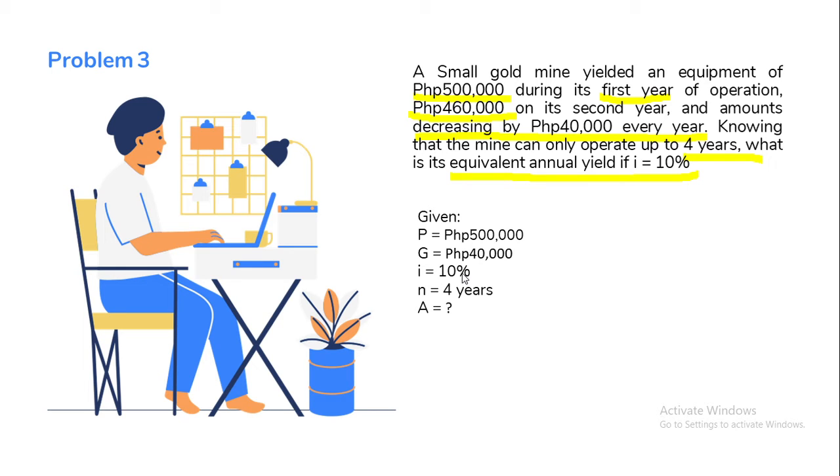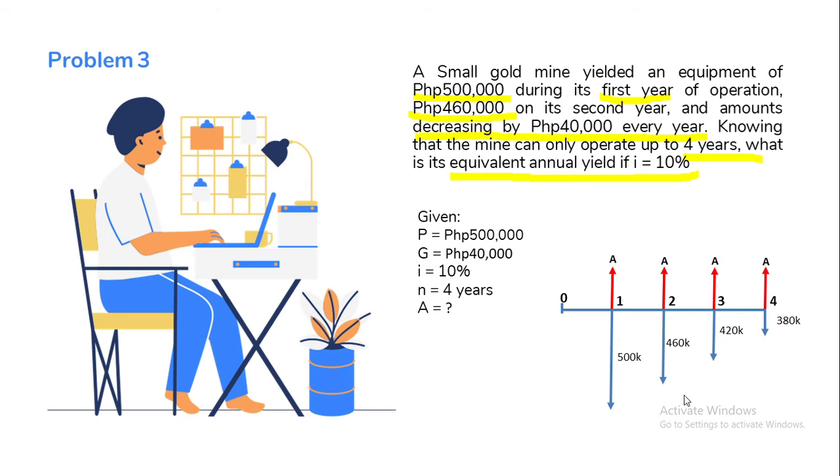Our interest is 10%, our n is 4 years, the number of periods. So this will be our cash flow diagram. At first, we have 500,000, the base A. In the second year, it becomes 460K and so on.